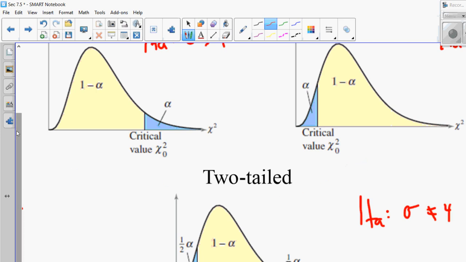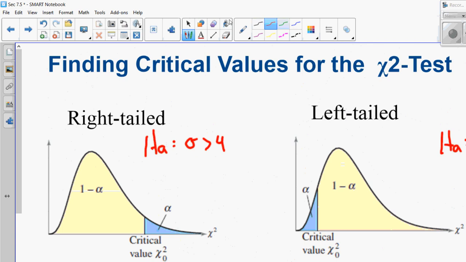The other thing we have to remember is that this chart for the chi-square distribution always gives the area to the right. So if it's a right-tailed test, we just use alpha. If it's a left-tailed test, we use 1 minus alpha, because it's the area to the right.